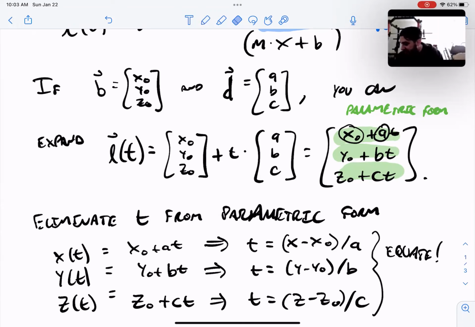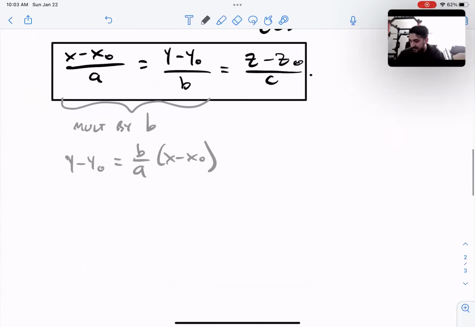Okay, let's look at a little example here. So, for example, let's do some line representation.